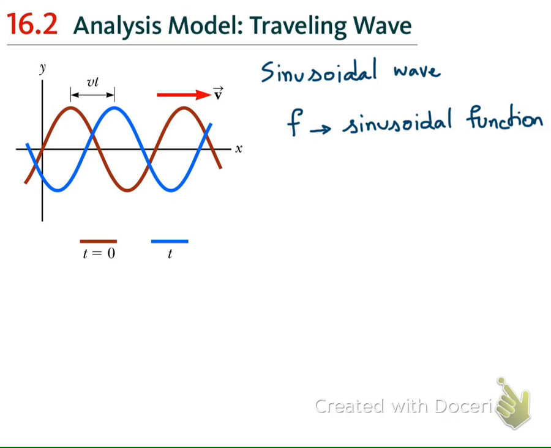The mathematical form of the sinusoidal wave can be written as y(x,t) equal to A sine (x minus vt) for this wave that moves in the positive direction.